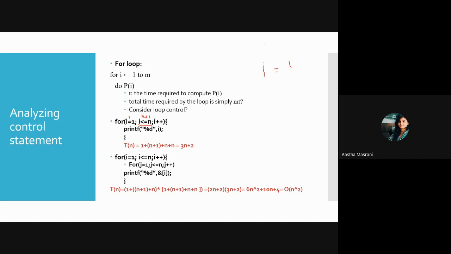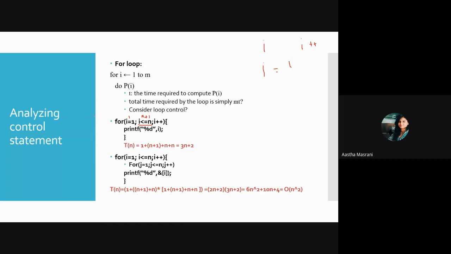So let's do the tracing. All the values of i are listed here, and i plus plus over here. For the first time, i is initialized to 1 and the condition is checked. The condition is i less than or equal to n.